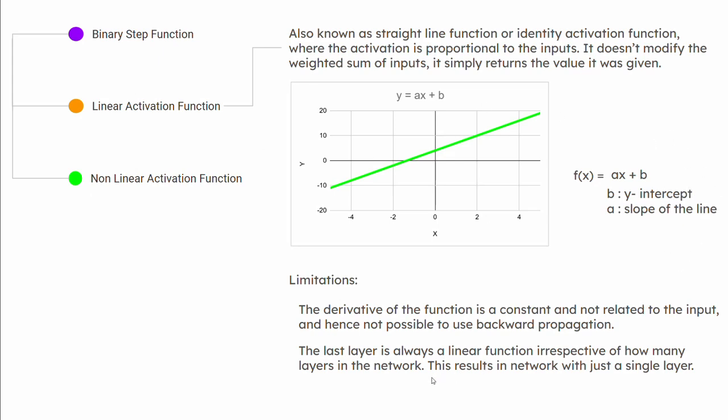So it's meaningless. Even if you use 50 or 20 layers, it's still going to act like a single layer. So these two are normally not used in backward propagation or deep learning.